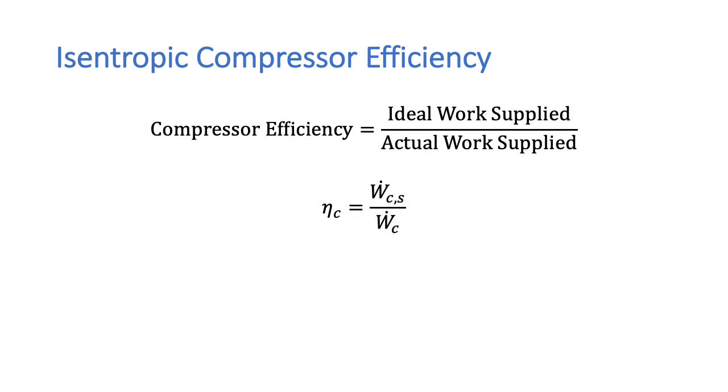The compressor efficiency therefore is W dot C,S, the ideal work, divided by W dot C, which is the actual work. This equals H2S minus H1 upon H2 minus H1. Typical values of the compressor efficiency lie between 75 to 85%.